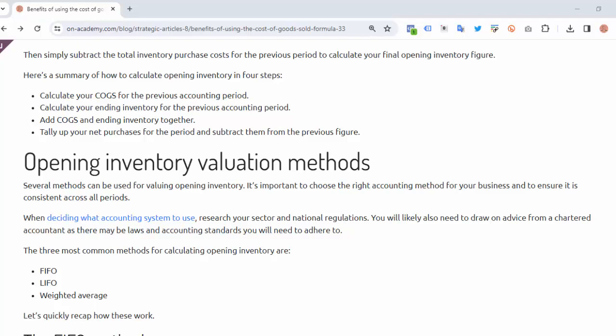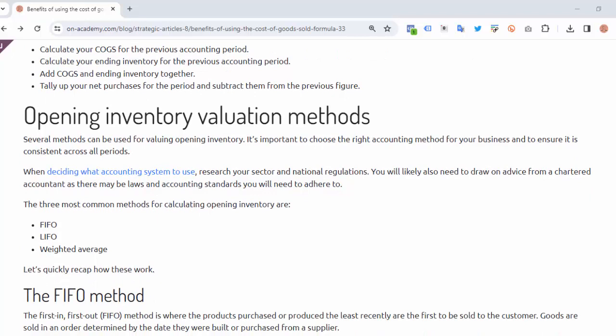How to find beginning inventory with cloud software. Although the formula above can be useful for manual calculations, it requires a lot of input and tedious data analysis. You'll need to have accurately tracked all your sales and expenses and attributed them correctly using specific inventory costing methods. Done manually, this can take a long time and be prone to errors.